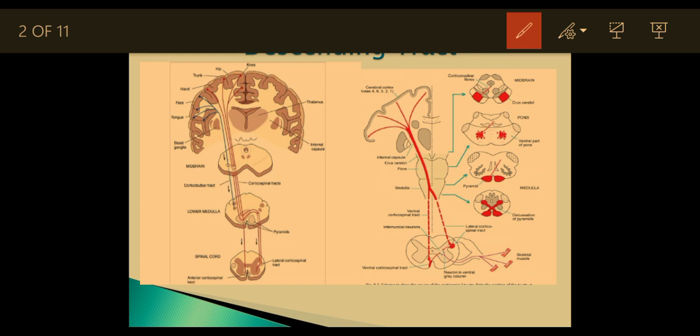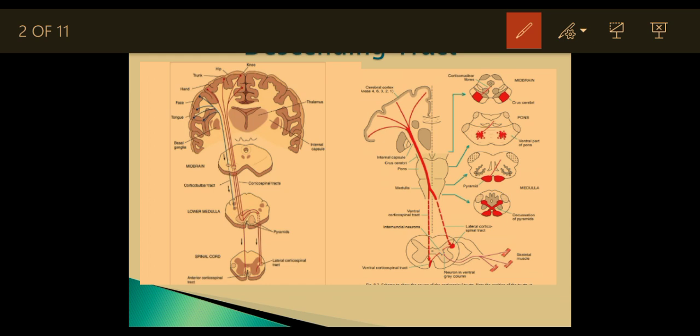So here we are telling that it has a uniform origination and uniform termination, and it originates from the higher center. The nuclei where these fibers originate are called the upper motor neuron, and the nuclei where they terminate are called the lower motor neuron.